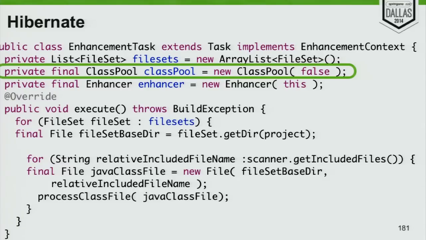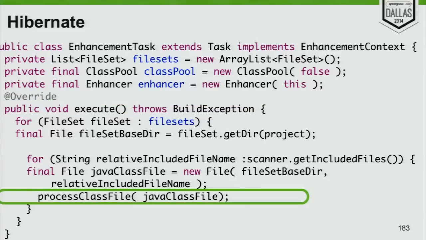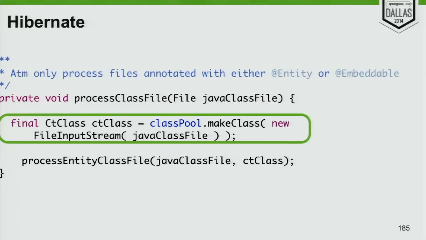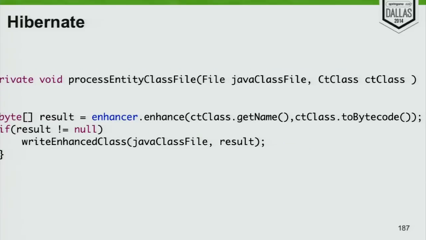That's where we keep our CtClass objects. It has the execute method, that's what gets executed. Then it goes through all your classes, looks for the entities, and processes them. For each one, it'll make a CtClass object, and then go process that entity.